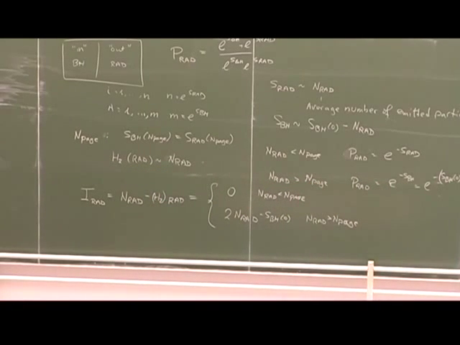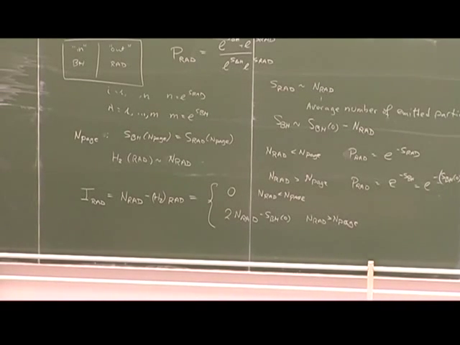Okay, so now we can state the firewall problem. Let me say it and then I will write it. The point is that we've seen in the Page model that initially the outgoing radiation is coming out in approximately a thermal state.